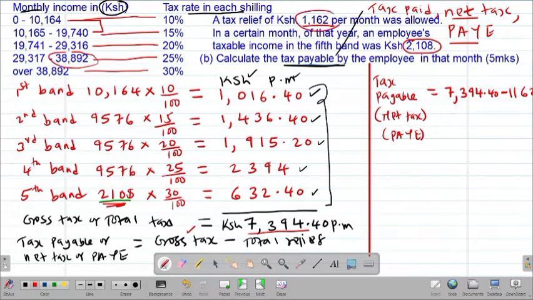You are given as 1162. So you feed this on your calculator, 7,394 and 40 cents minus 1162.